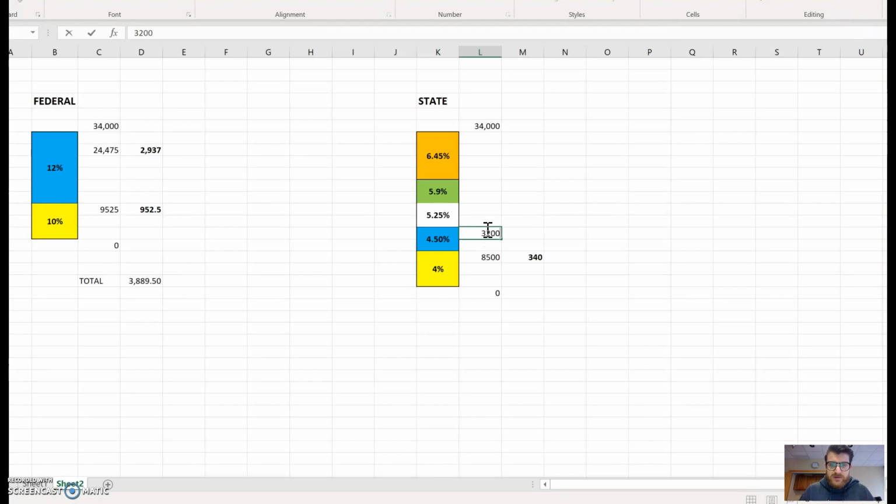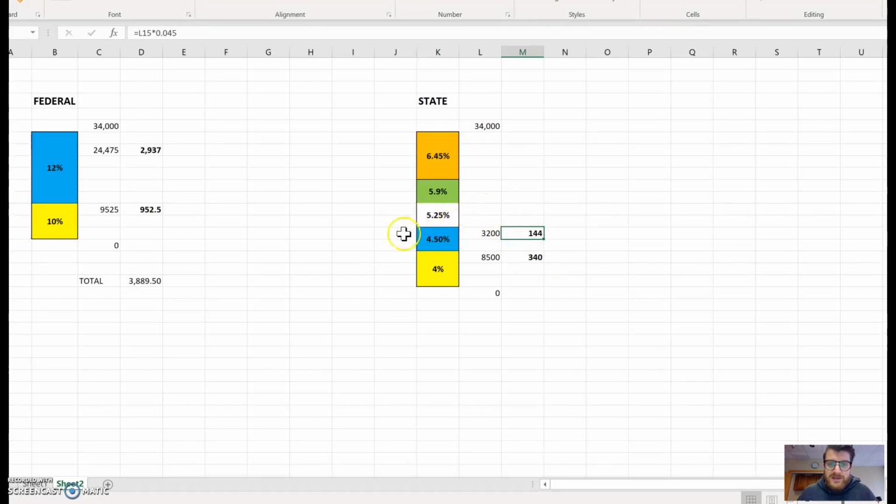So there's $3,200. And this amount is getting taxed 4.5%. So multiply this by 0.045, which is the decimal version of 4.5%. Bold that.